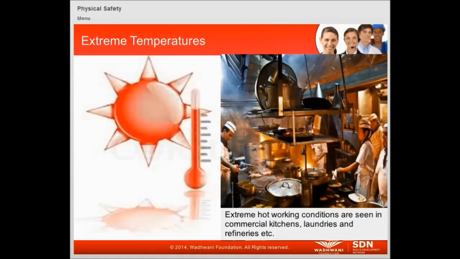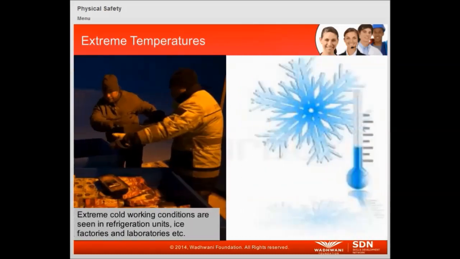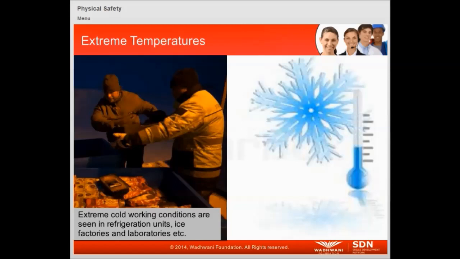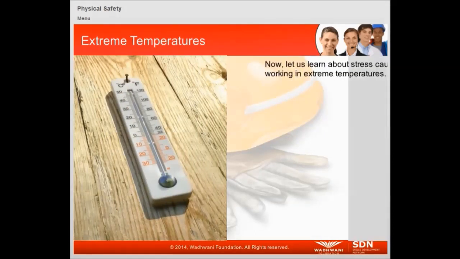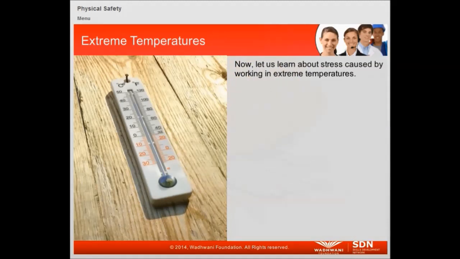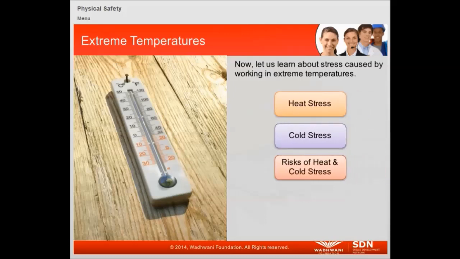Extreme hot working conditions are seen in commercial kitchens, laundries, and refineries, etc. Extreme cold working conditions are seen in refrigeration units, ice factories, laboratories, etc. Now let us learn about stress caused by working in extreme temperatures, known as heat stress and cold stress, the risks involved, and the safety measures to prevent them. Click on each tab to learn more.